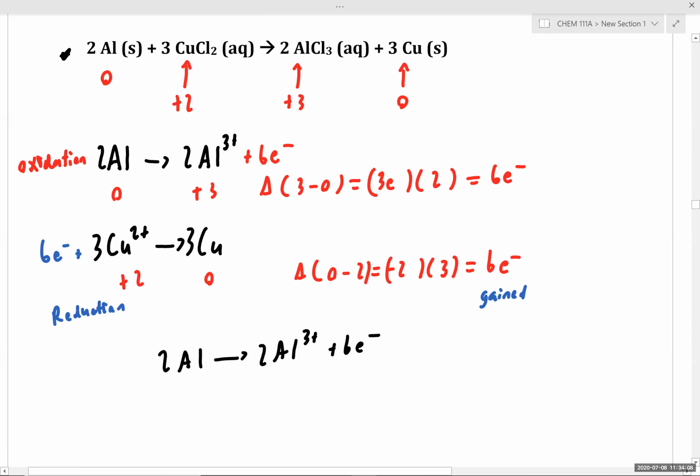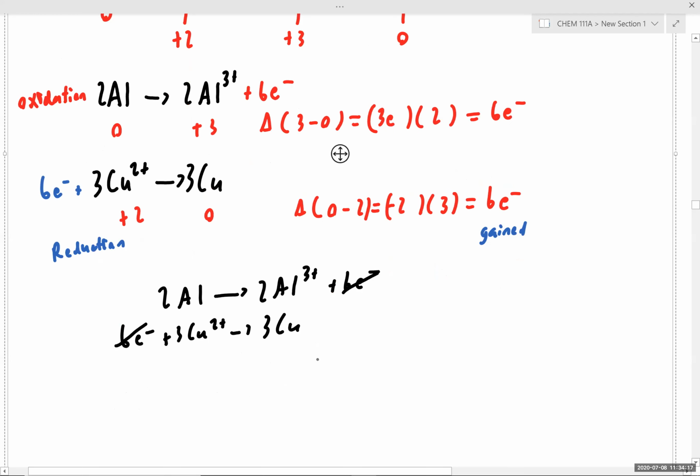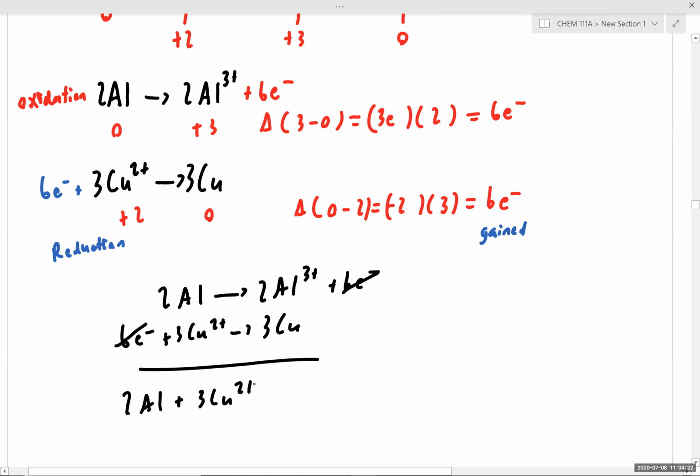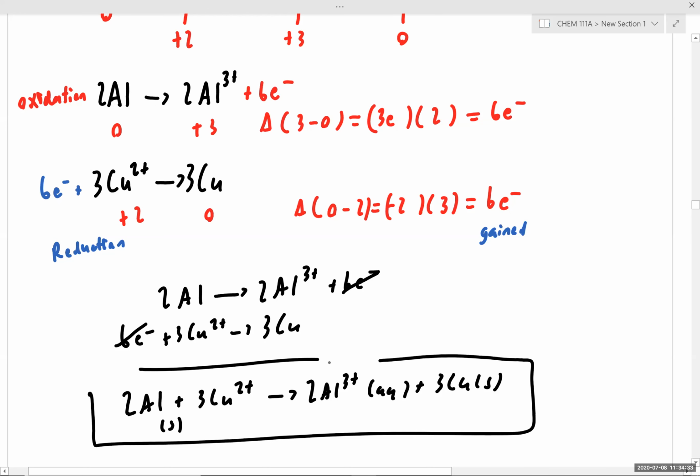Adding our top equation to our bottom equation, we have the same number of electrons on each side, so that cancels to give us 2 aluminum plus 3 copper 2+ leads to 2 aluminum 3+ plus 3 copper solid. There we go. And interestingly, when we add our equations together, we get the net ionic equation for this reaction.